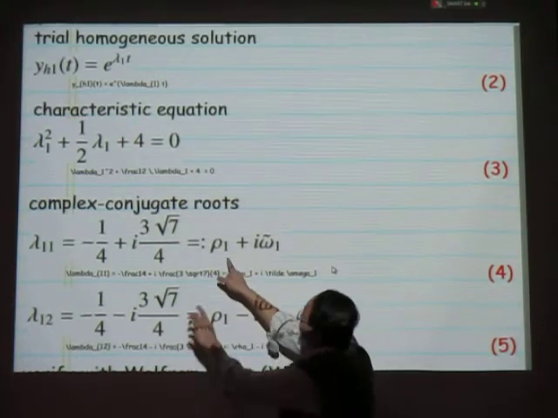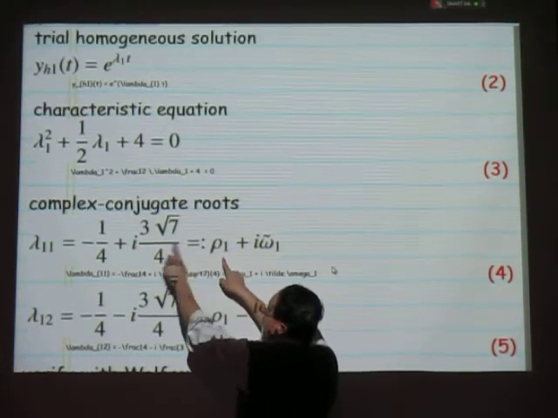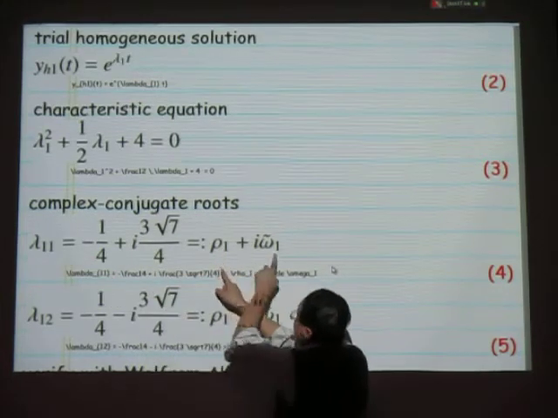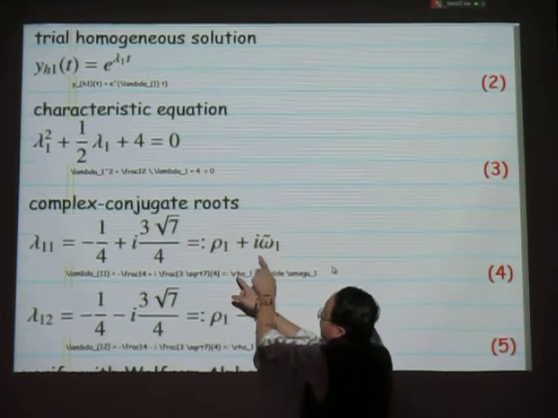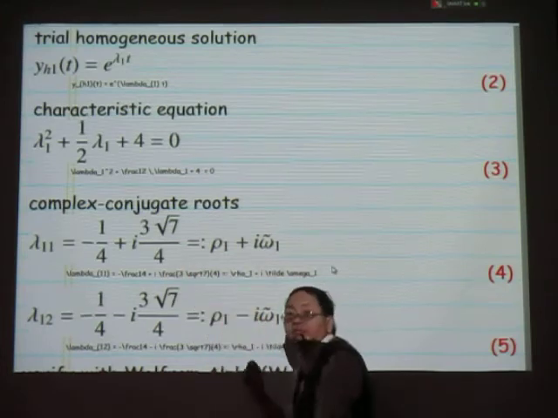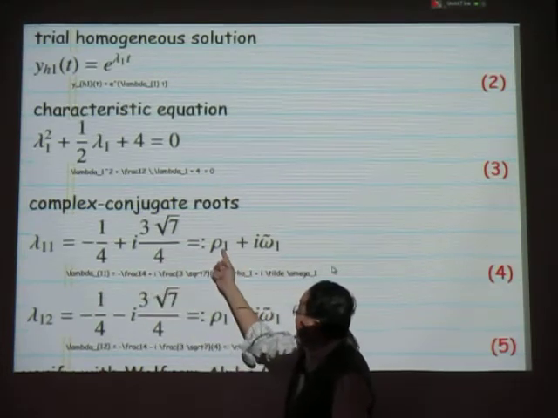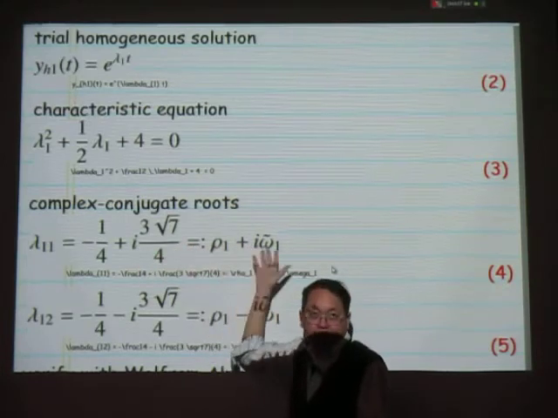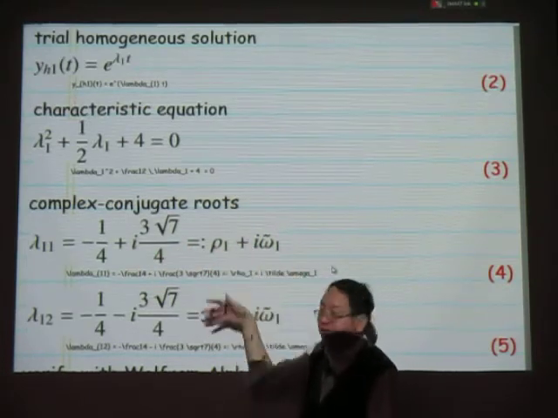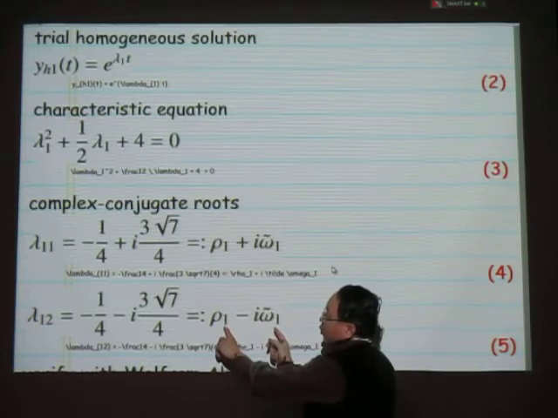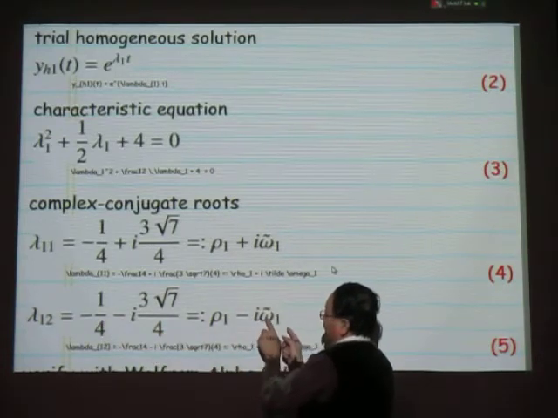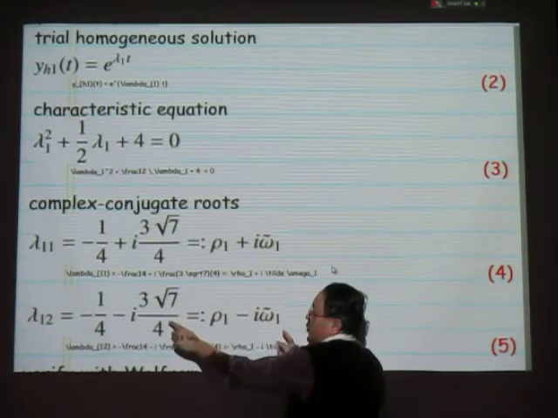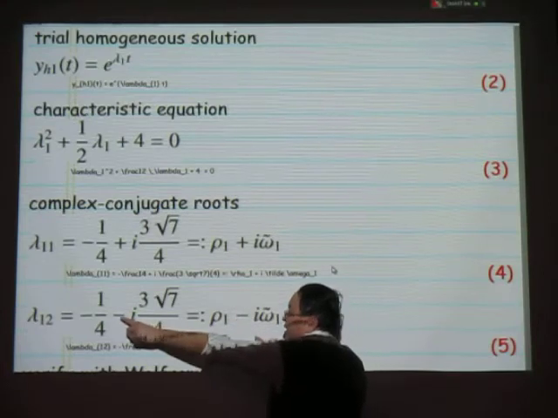And so here I also define rho 1 to be minus 1/4, okay, and omega tilde 1 is really 3 square root 7/4. So the definition of rho 1 and omega tilde 1 is already implicit in these two expressions, okay. Likewise, here rho 1 is minus 1/4, and omega tilde 1 is 3 square root of 7 divided by 4. The minus sign is already here.